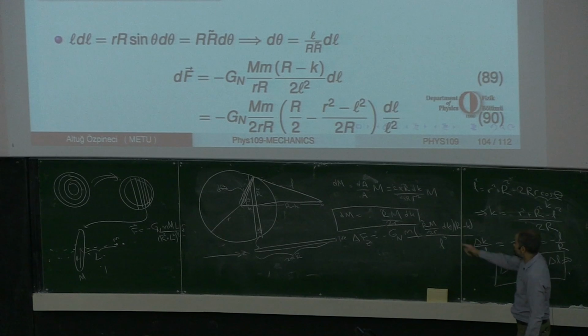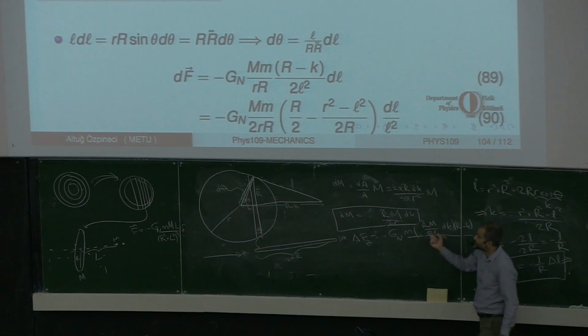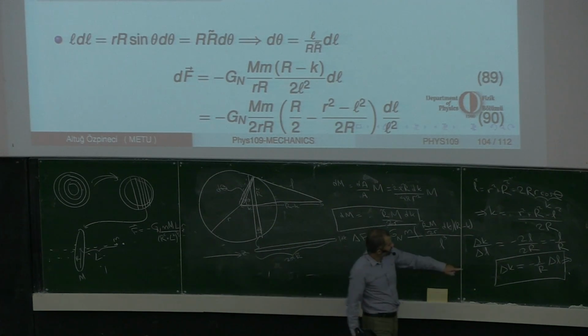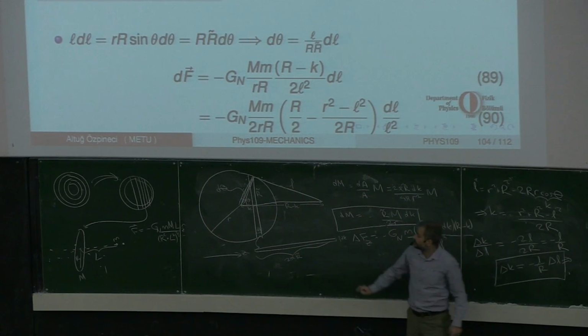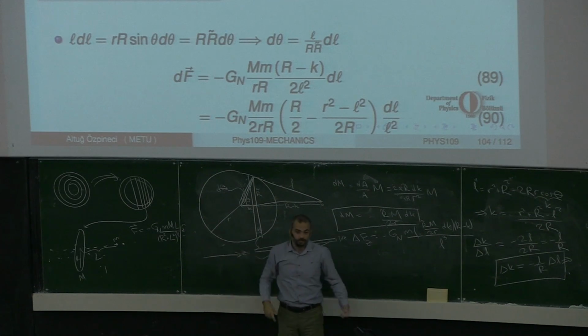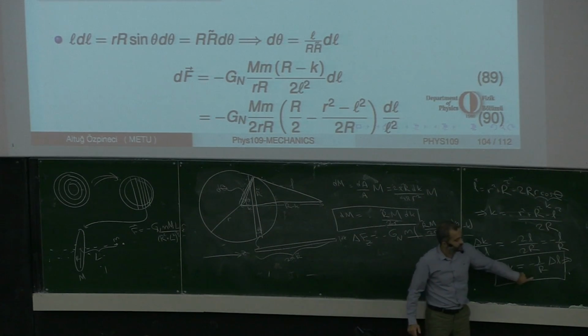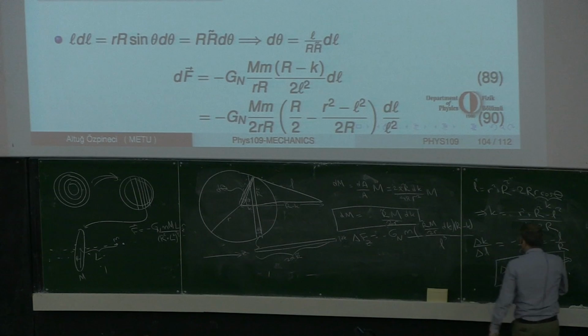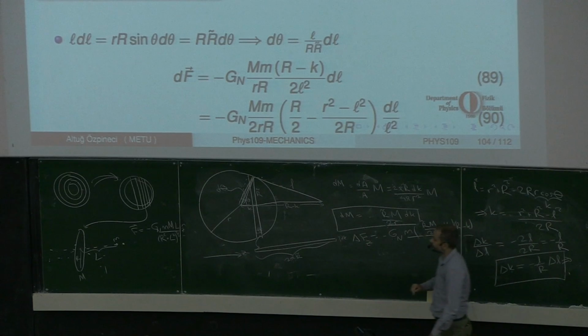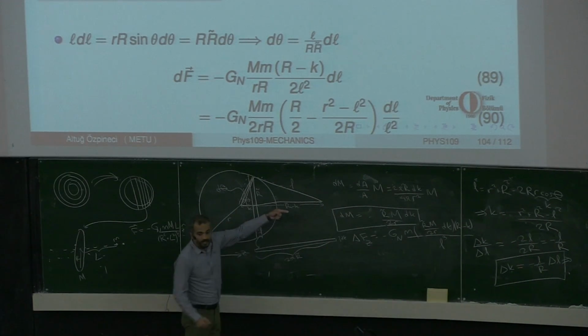Now, this is my dk, the change of k from this point to this point. Now I know how to relate that change to a change in L, because this line over here will have one L value, and this line over here will have another L value. So the L value between these two points will be different, just like their k values, and the two changes are related by this expression. Now this minus sign just tells me that if I'm increasing the value of k, well, I took the positive k in that direction.